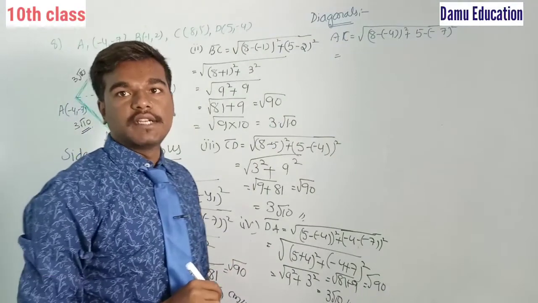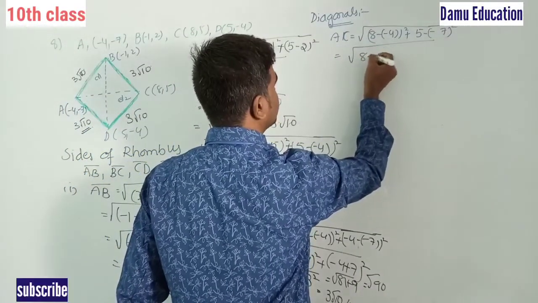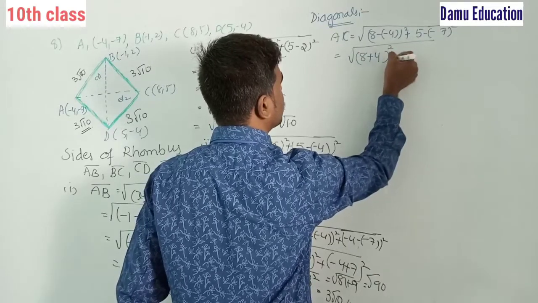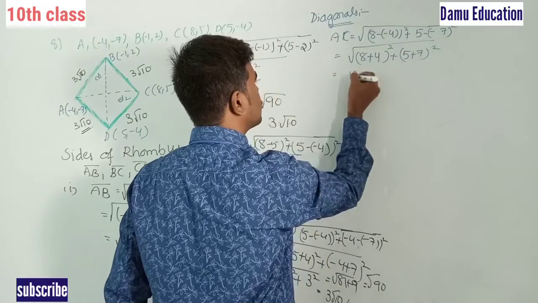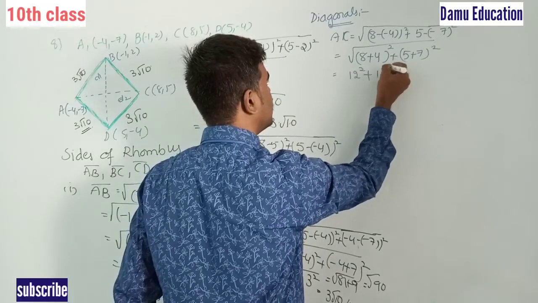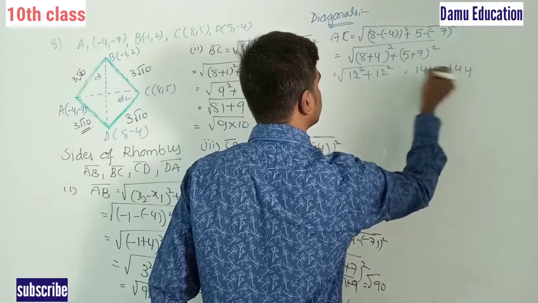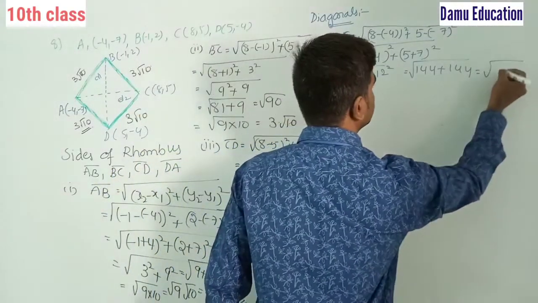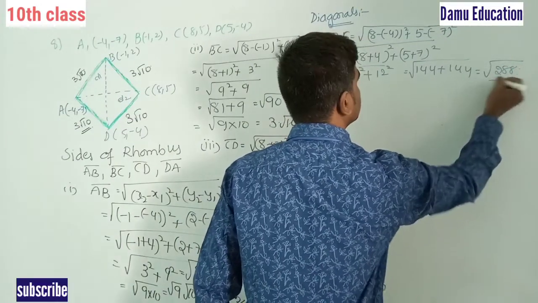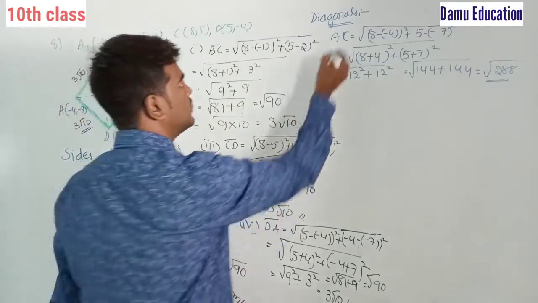So the value is square root of 8 plus 4 whole square plus 5 plus 7 whole square. So 12 square plus 12 square, that is 144 plus 144, square root of 288.